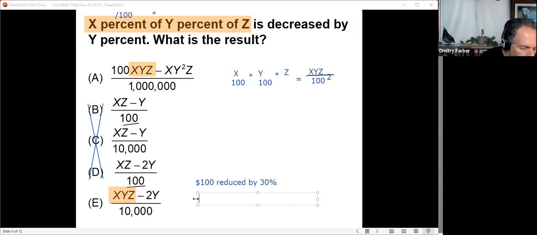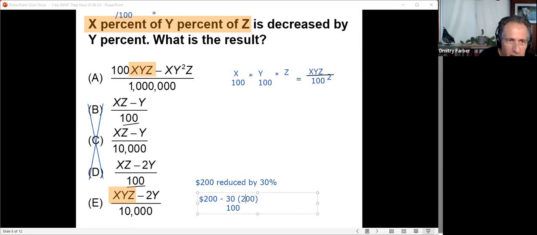The way most of us would probably do it is 100 minus 30% of 100, right? So the hundreds happen to cancel here because I made it the same. Maybe I should actually make it a different number to make it clearer. Call it 200. So I don't have the same number.